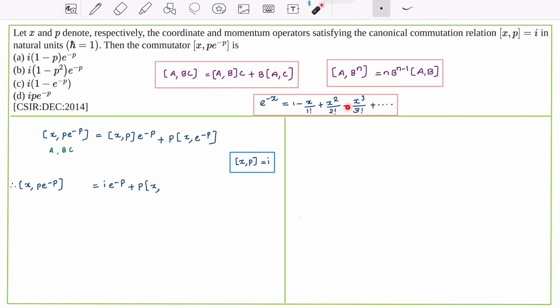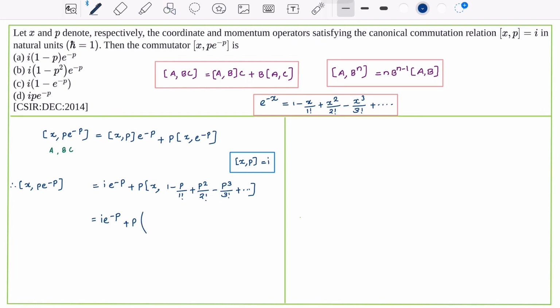Now, what is e raised to minus p? e raised to minus p is 1 minus p by 1 factorial plus p square by 2 factorial minus p cube by 3 factorial plus etc. This is equal to i e raised to minus p plus p times.